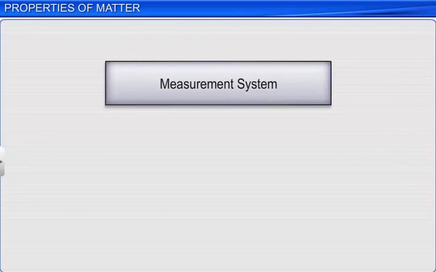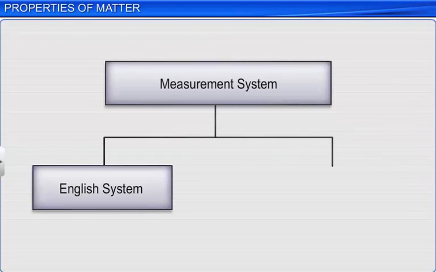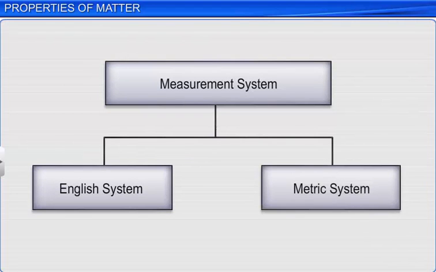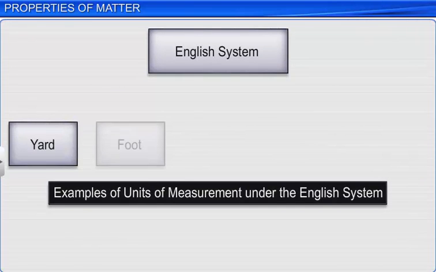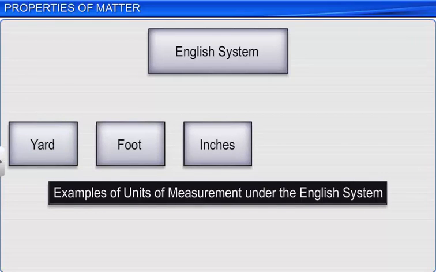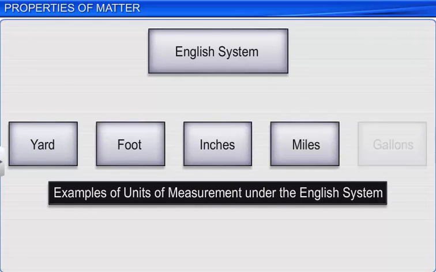The units of measurement are derived from two systems, the English system and the metric system. The English system included units such as yard, foot, inches, miles, and gallons, to name a few.